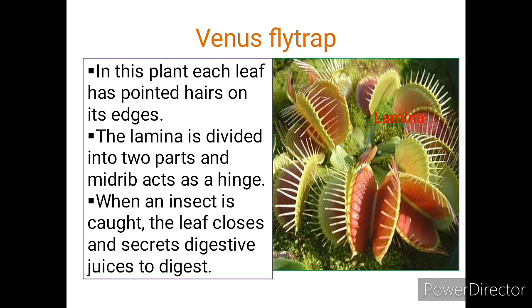Hinge, you know, in the previous class you learned, a hinge is present on the door. It helps to open and close the door. Like that, it has a hinge. When an insect is caught, the leaf closes and secretes digestive juice to digest it.